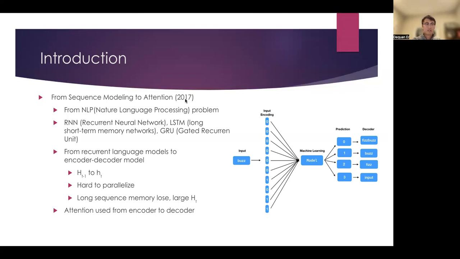Most of the reason was natural language processing. Suppose you have a sentence and you're trying to either translate or understand what the sentence means, or more generatively, generate an answer to a question. But before this, there were some pain points for the other model structures.